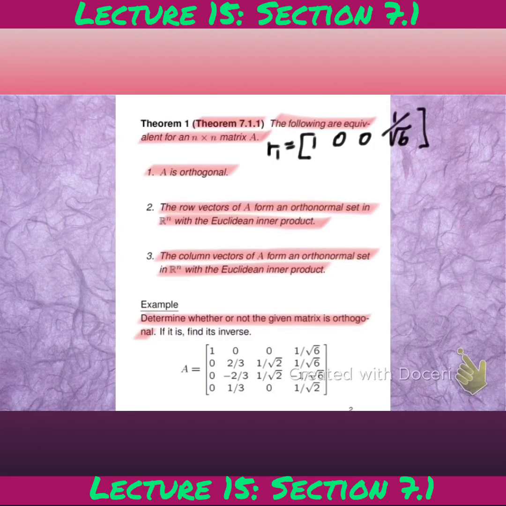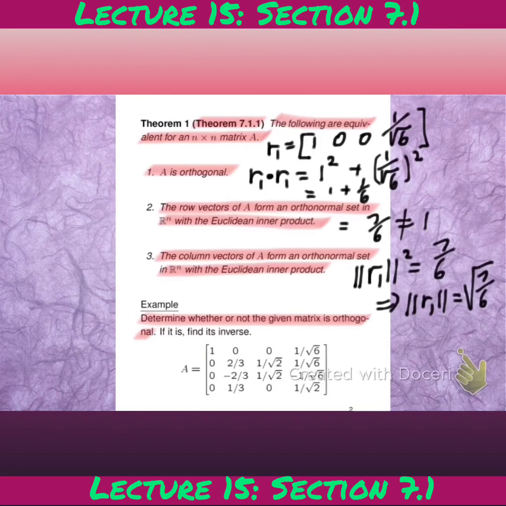Let's take the first row, and let's look at the dot product of the first row with itself. That's going to be 1 squared plus 1 over square root 6 squared. Okay, and that's going to be 1 plus 1 over 6, which is going to be 7 over 6, and that definitely is not 1.